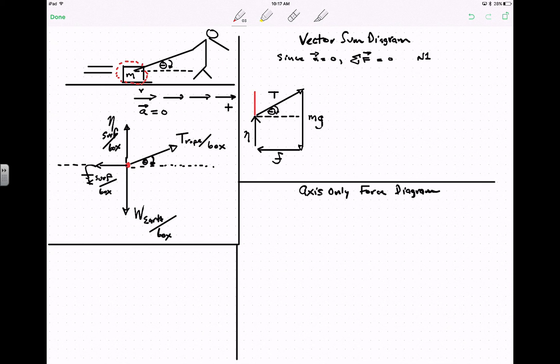These two red vectors are nice to draw. Let me go back a step, because my tension is in a bad spot there. It's in my way. So now I'll redraw this. Tension's actually this one here. Don't confuse it.